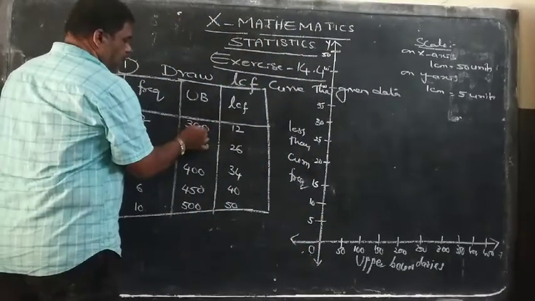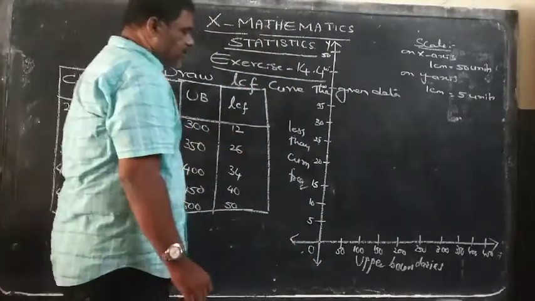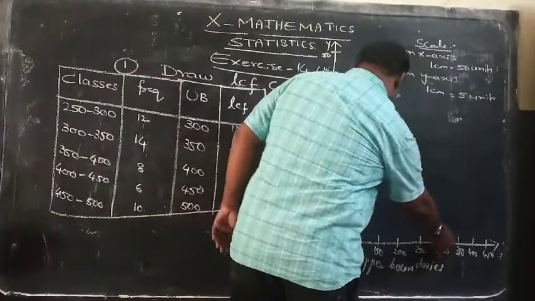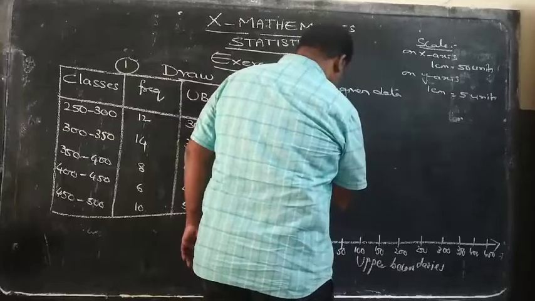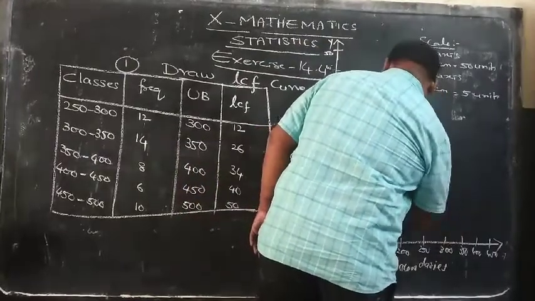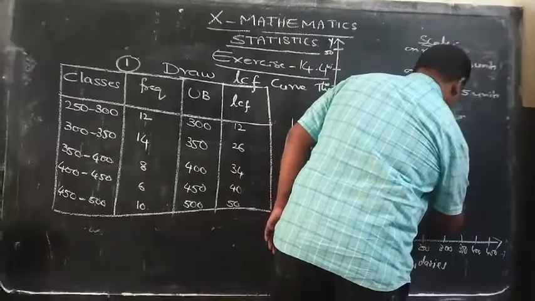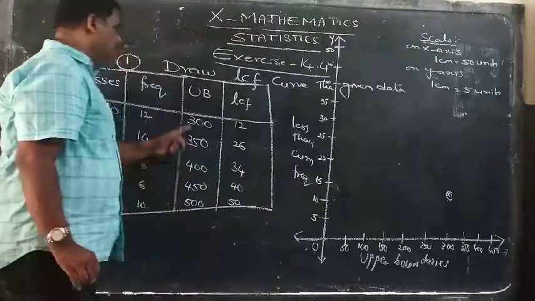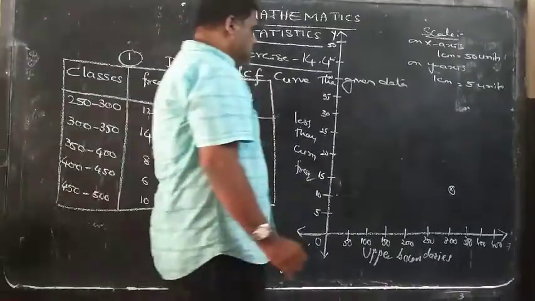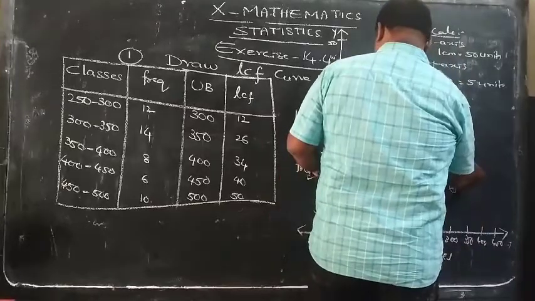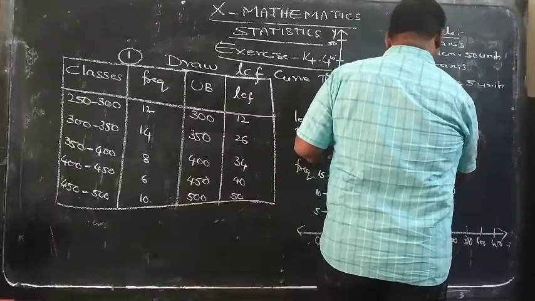Now when the upper boundary is 300, the less than cumulative frequency is 12. 12 means after 10. When the upper boundary is 350, the less than cumulative frequency is 26. This is 350, 26 here.